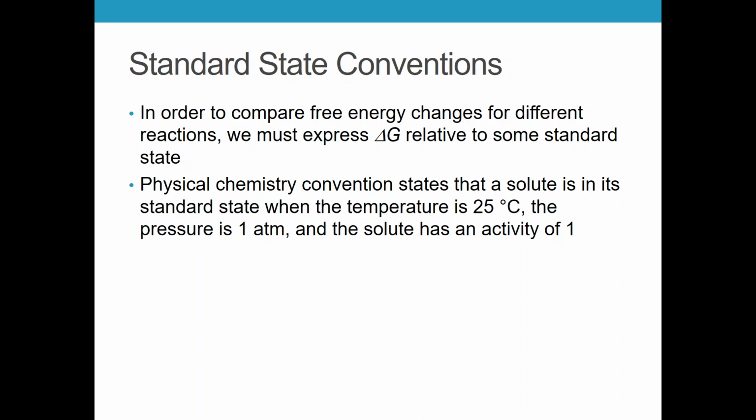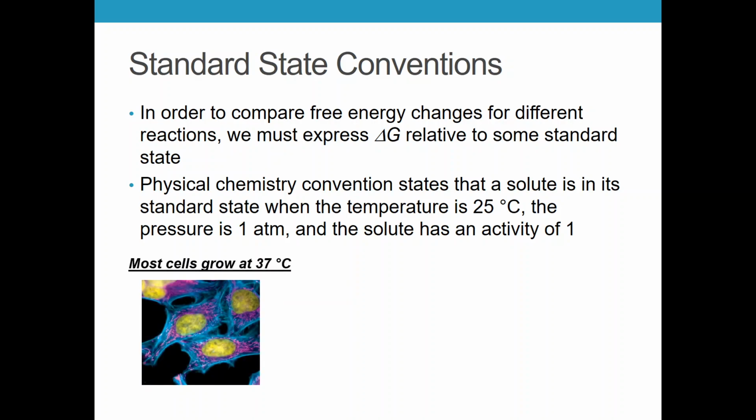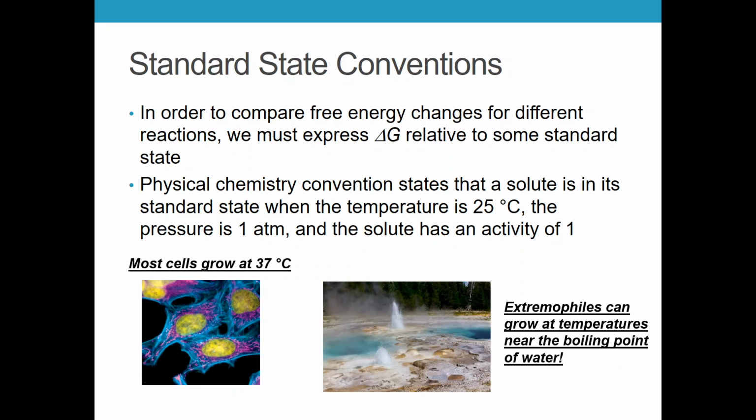Well, these are conditions that are not met so commonly in physiologic conditions or in living systems. For example, most cells grow at 37 degrees Celsius, not 25 degrees Celsius. In fact, some extremophiles grow at temperatures that are near the boiling point of water. Here, these are thermal vents, and there are organisms that grow in here at near the boiling point of water.